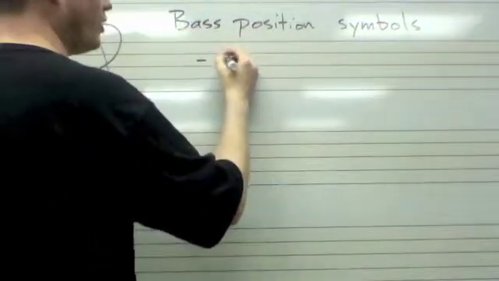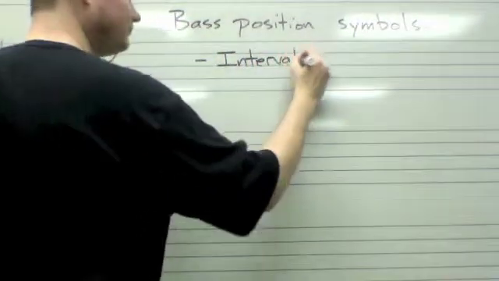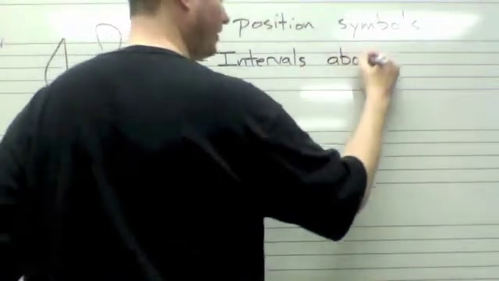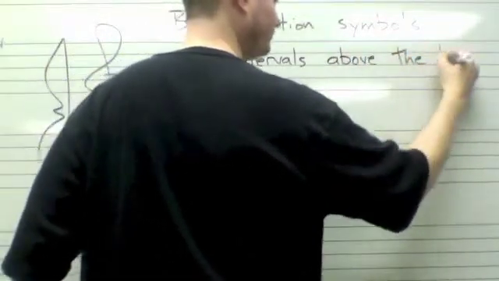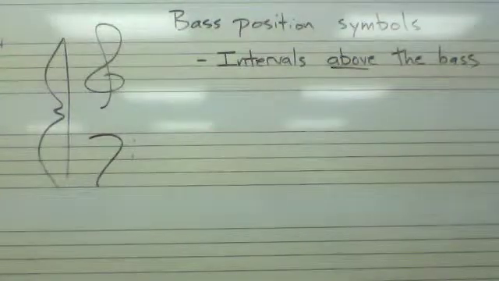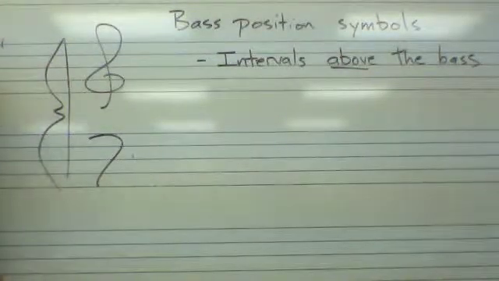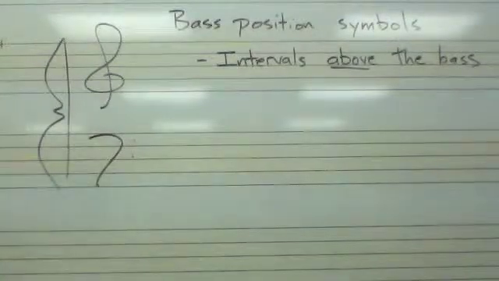Bass position symbols only tell you intervals above the bass. That's it. That's all that the bass position symbols tell you. Now, if you know what all the intervals are above the bass in a chord, you can figure out a lot of the other information.